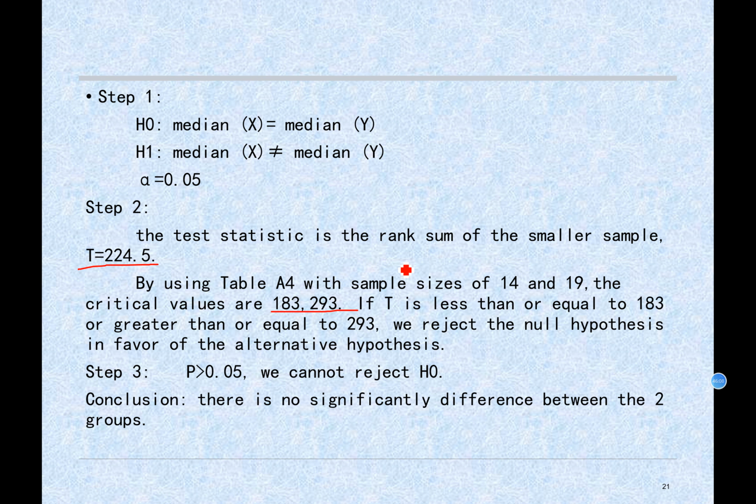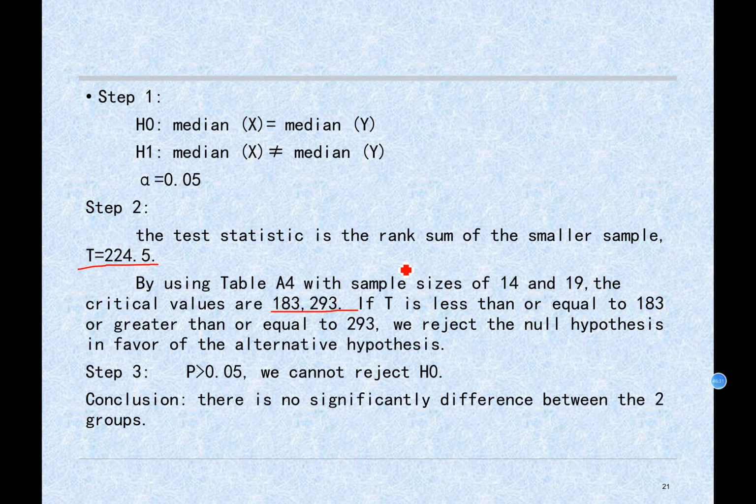However, if t is outside the range, that means if t is less than or equal to 183 or greater than or equal to 293, we reject the null hypothesis in favor of the alternative hypothesis.